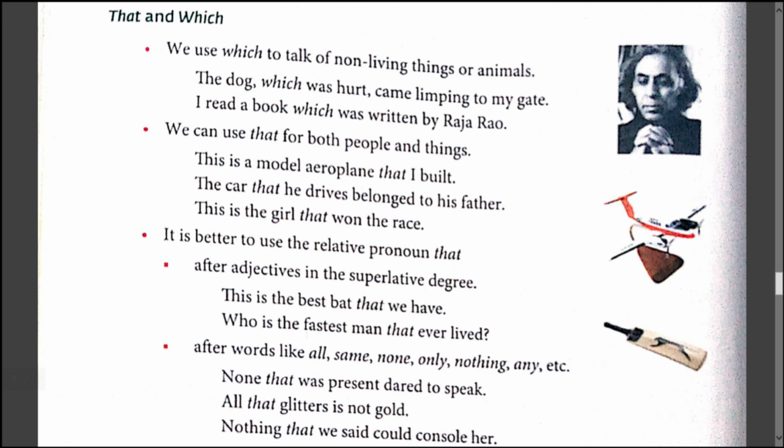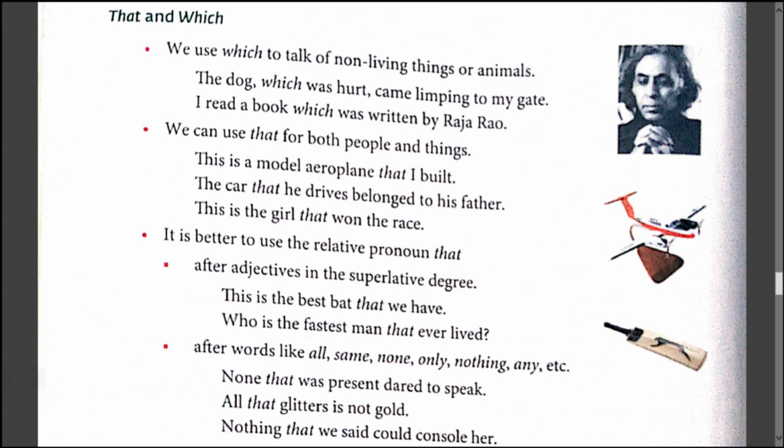Next one, after words like all, same, none, only, nothing, any, etc. Whenever you see these words, that will be used. For example, none that was present dared to speak. So those who were there, none of them spoke. Dare to speak.